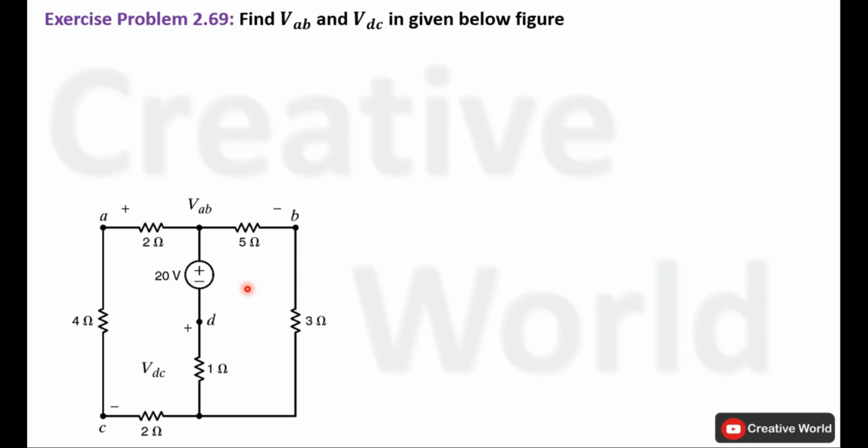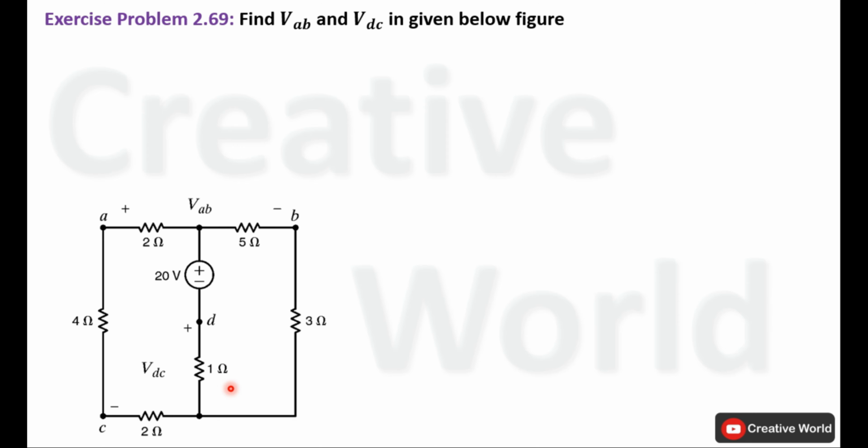For the calculation of voltage VAB and VDC, we should have voltage across these resistive elements. Right now we don't have the value of voltage across these resistive elements. So first of all, we will try to find out voltage across these elements. Later on, we will be able to calculate voltage VAB and VDC.